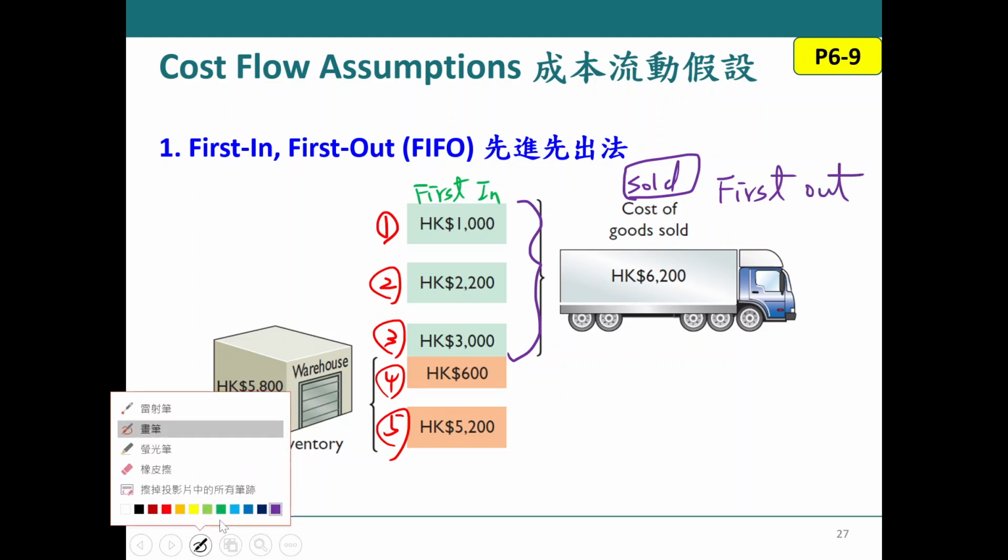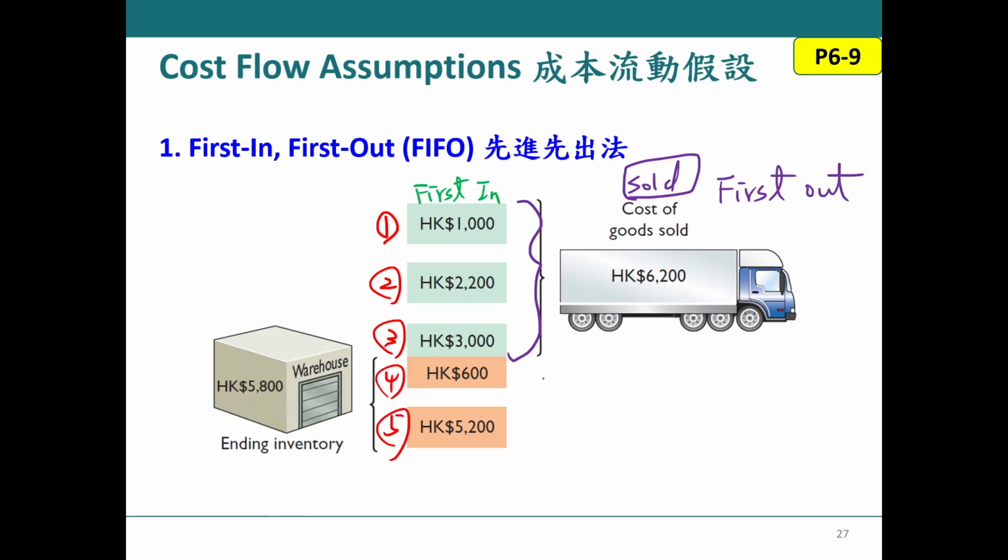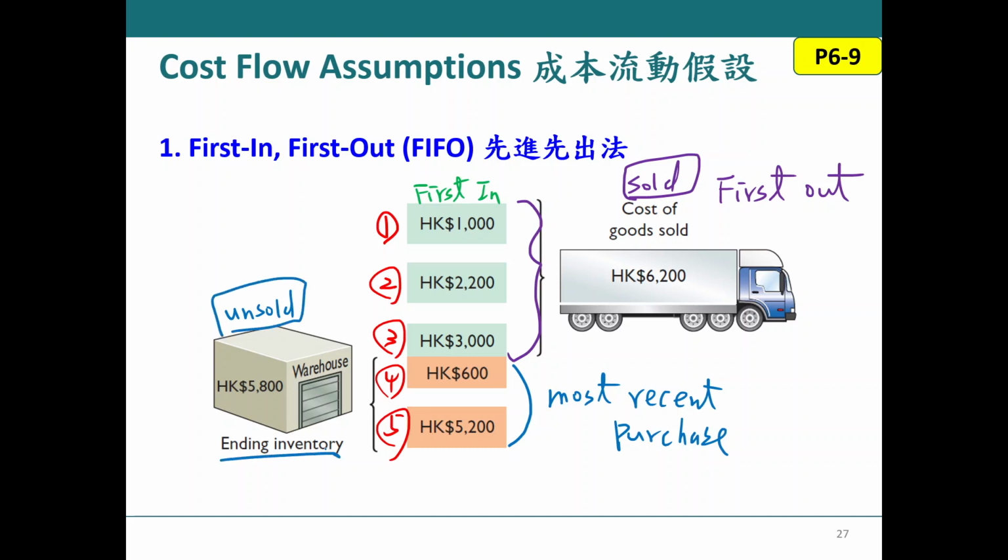How about your latest purchase, your most recent purchase? Still in your company, right? They are unsold, still in your company, and become your ending inventory.